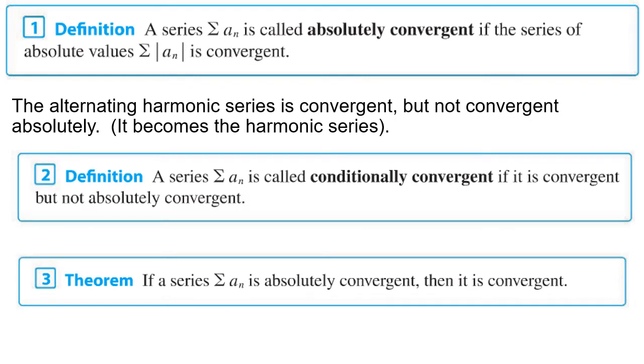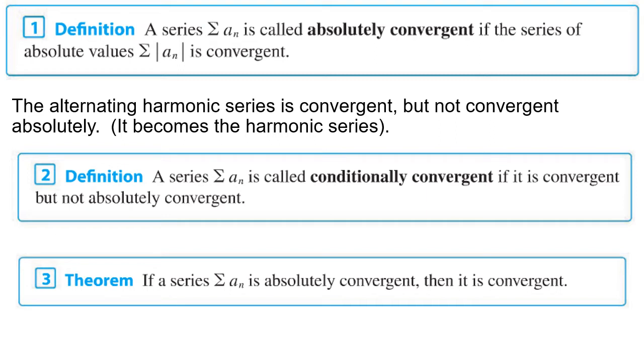So, first definition, let's talk about absolutely convergent. A series is absolutely convergent if the series of absolute values converges. So basically, you don't want it to, say, alternate like we did in the last section.